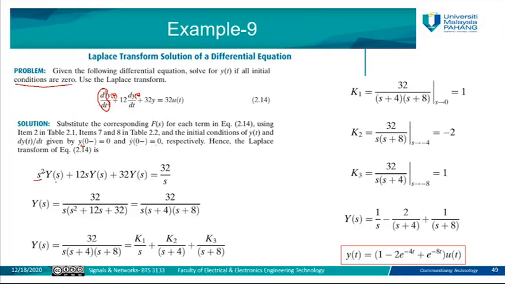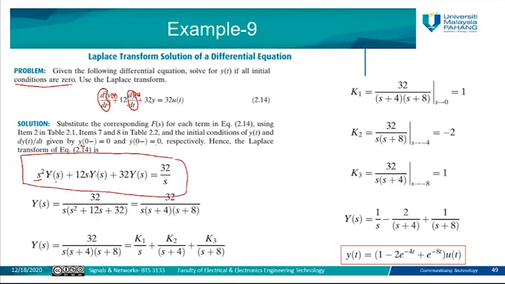So we have s squared Y(s), 12 times dy over dt gives you sY(s), plus 32 y(t) gives you 32 Y(s). Then on the right side, we apply Laplace for both sides, so we have 32 u(t). What is the Laplace for u(t)? It is 1 over s. So this is the new equation that we have in the frequency domain after we apply the Laplace.